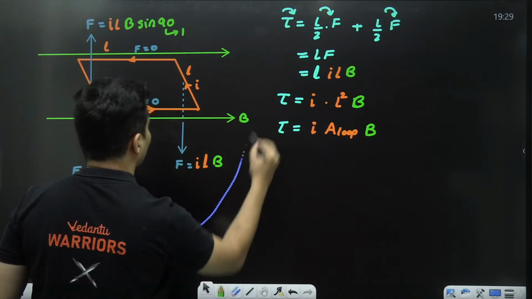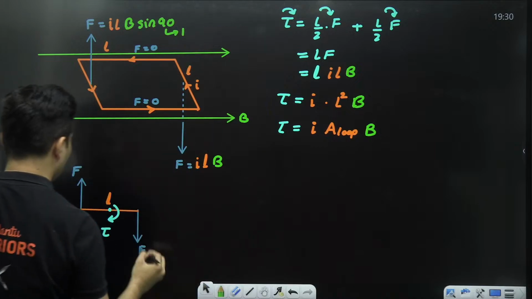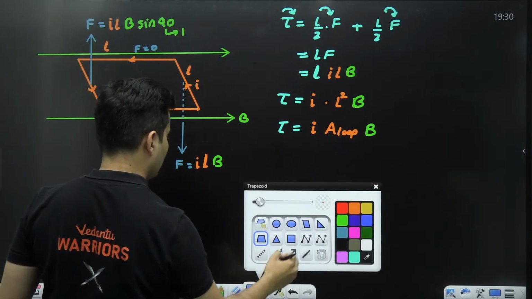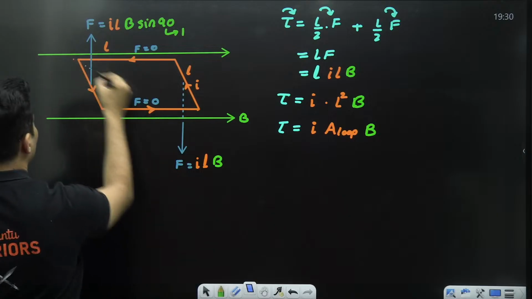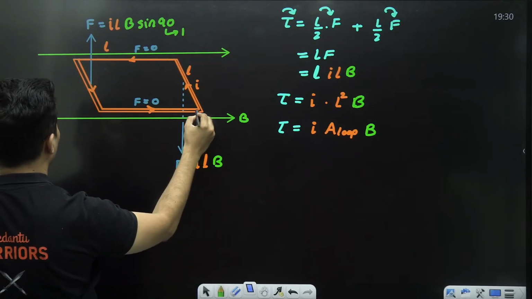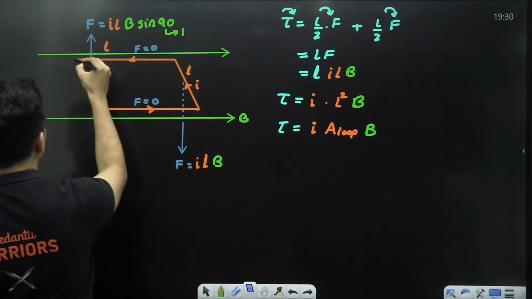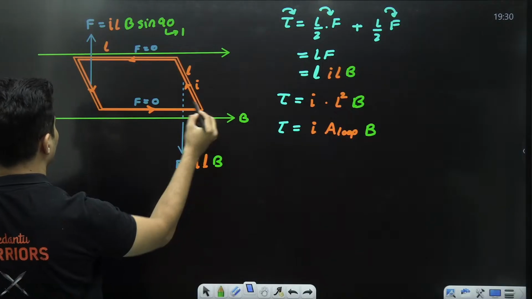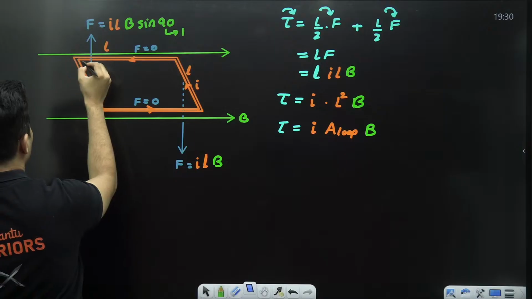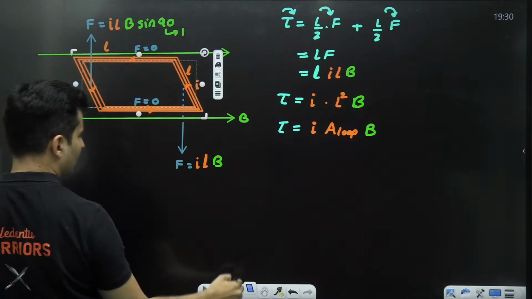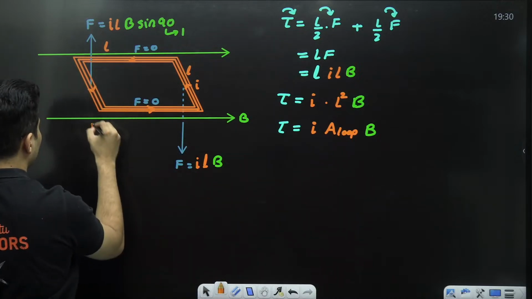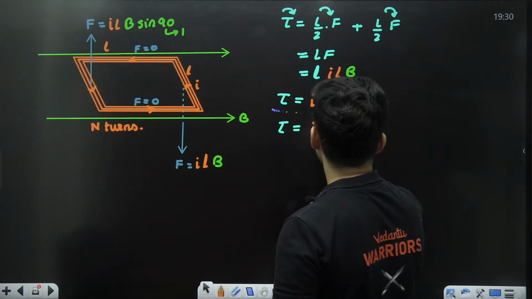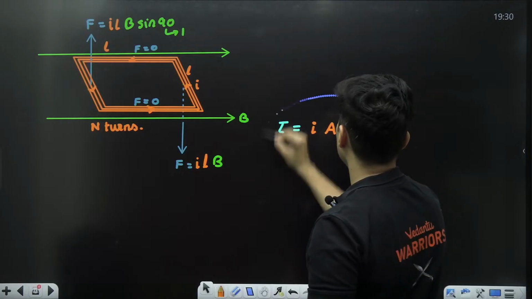then just imagine, if by chance there were many turns in that same loop, something like this, if there were n number of turns in that same loop, then what would exactly happen to this particular formula?